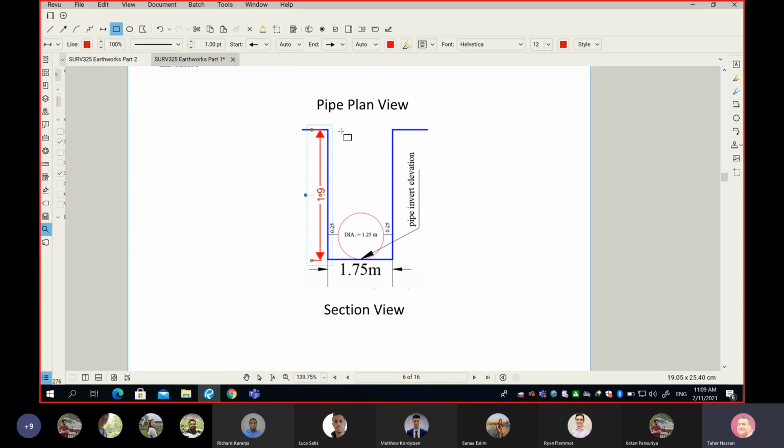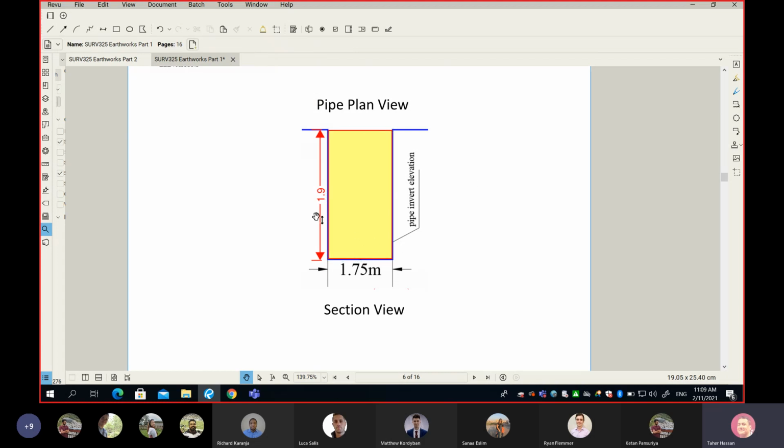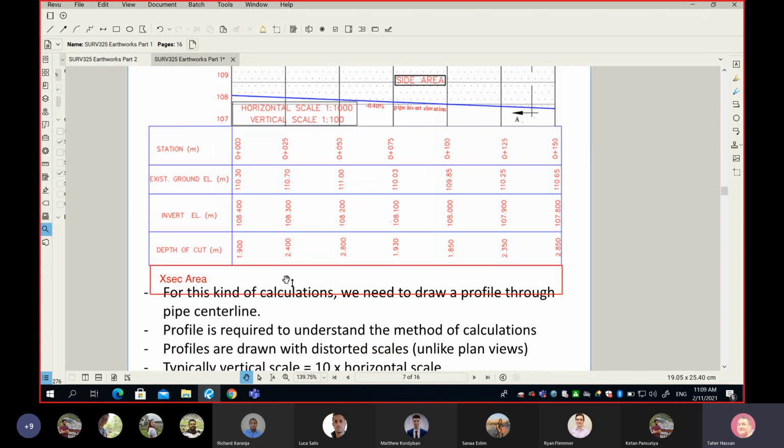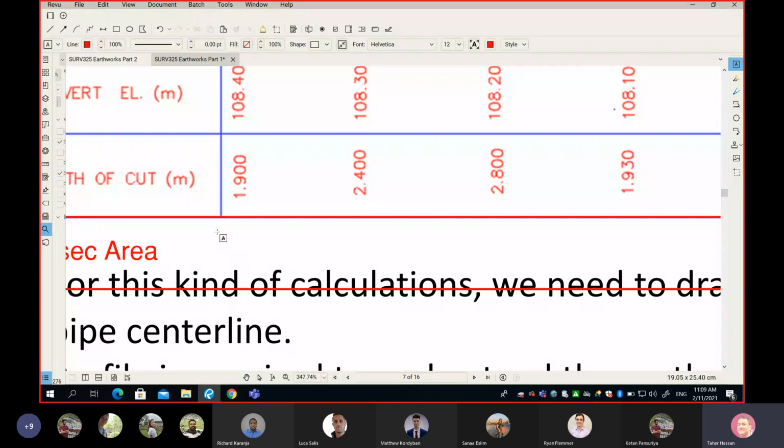Remember, the cross-section area is simply a rectangle. So how can we do that? You simply have to multiply 1.9 times 1.75, so you write it here. This number will be 1.9 multiplied by 1.75.